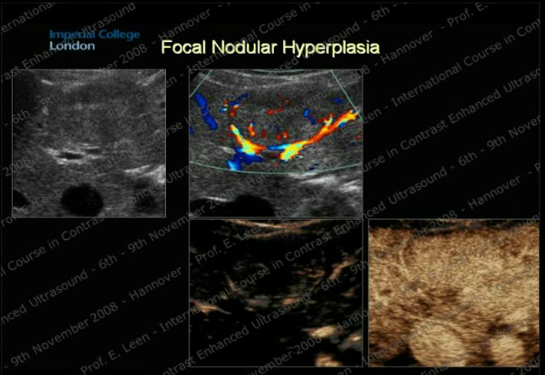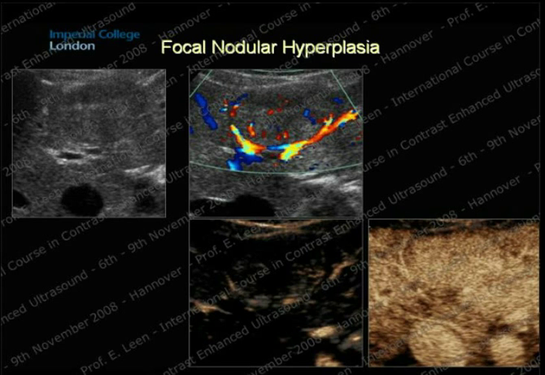Color Doppler may show you the spoke-wheel distribution of the arteries and sometimes the central artery, but characteristically when you look at the arterial phase, you should see the lesion lighting up very briskly and going from in, out, and more importantly in the late phase, as most benign lesions, they are isoechoic to the adjacent liver.